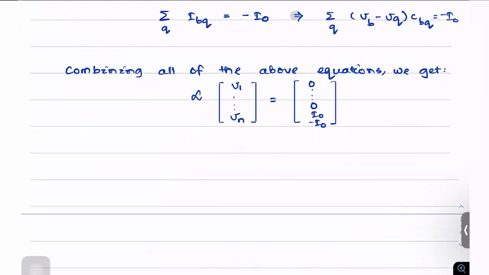Similarly, a very straightforward application of the other rules that we know for electrical networks is for the power of a network.